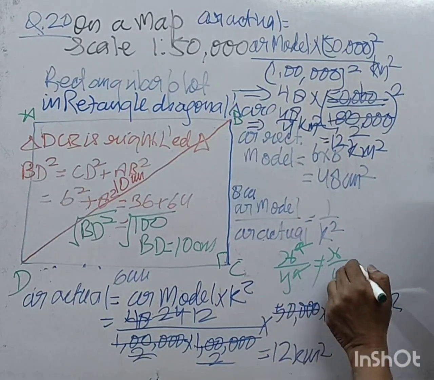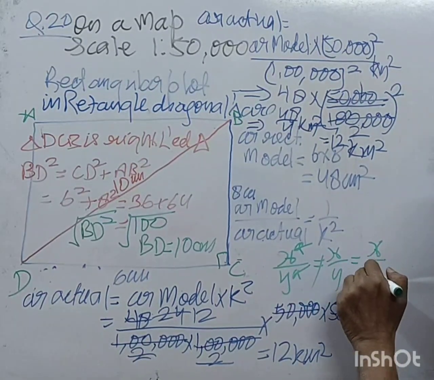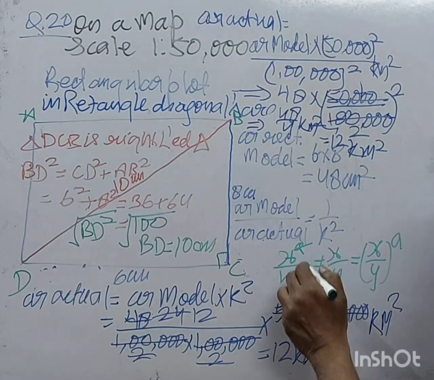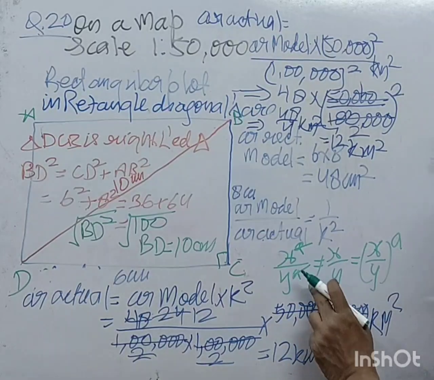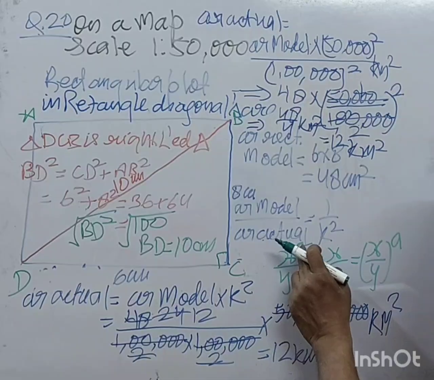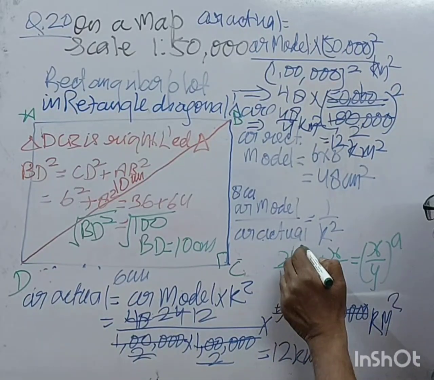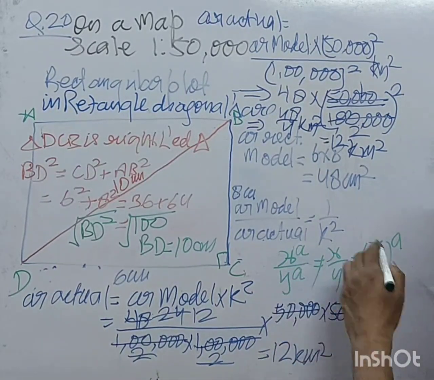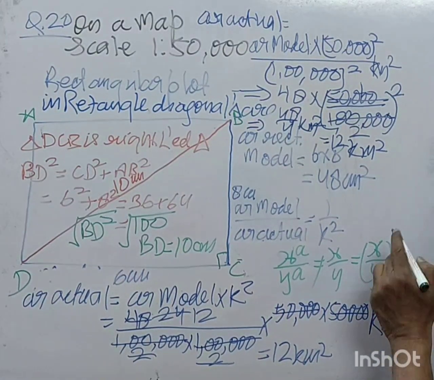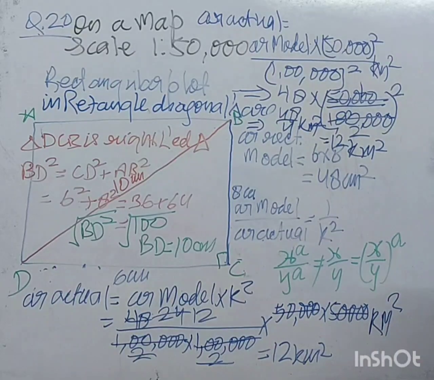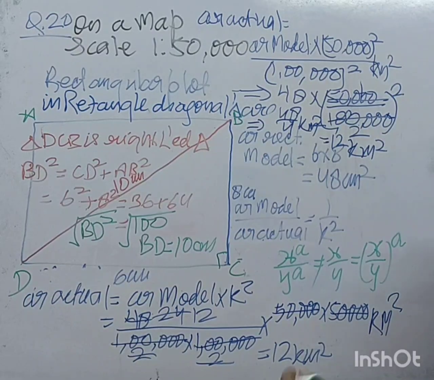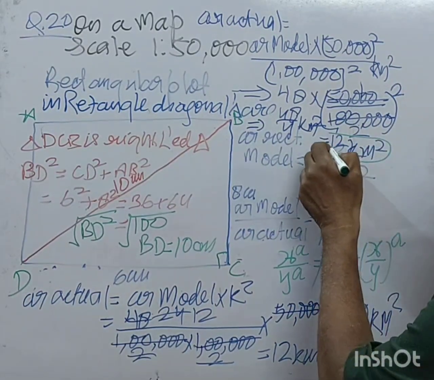It becomes x upon y whole power a. What I did, I cancelled out, but it should be done like this. This mistake I did, and that's why we were not getting the answer. So our answer is 12 kilometers square.